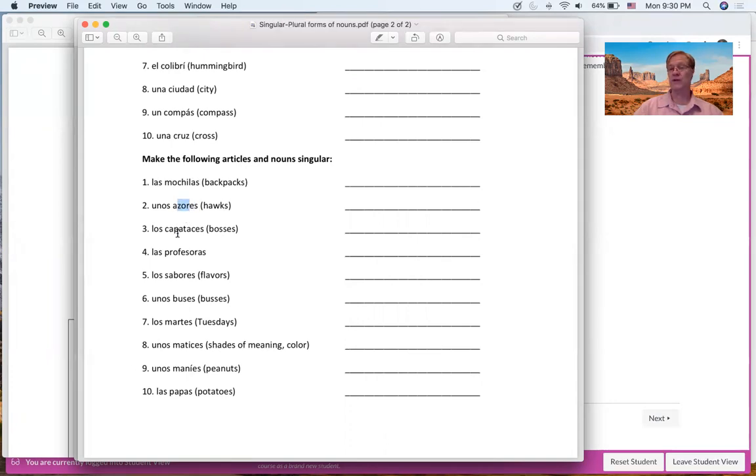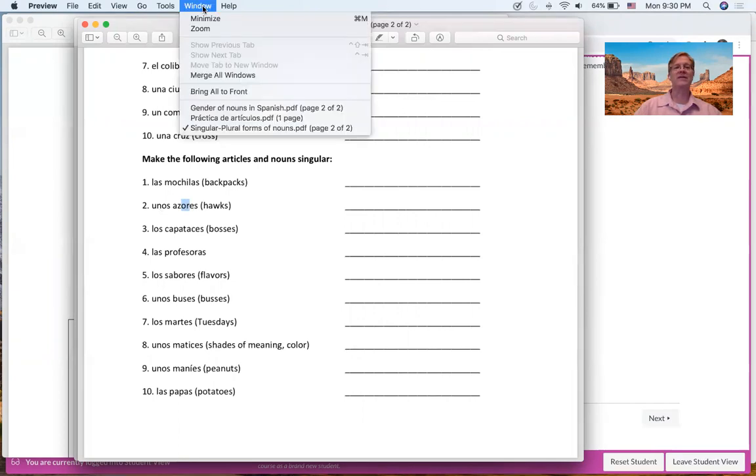Since we don't know that, it's a little bit tricky. I'll tell you that in this case, it ended with -or. And you can see the gender there, just like profesor, that this word is masculine. So the word for hawk is masculine, un azor. You're right here, un azor.